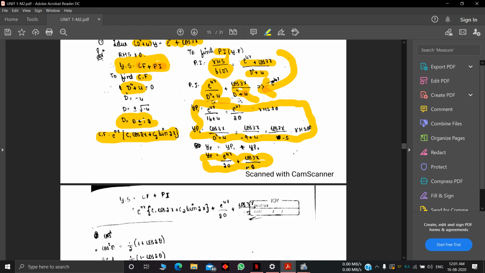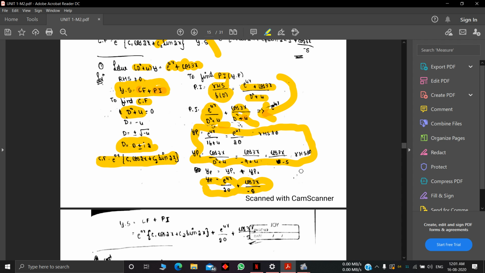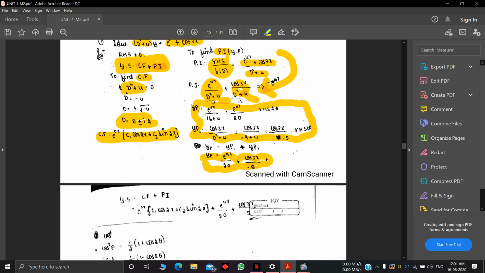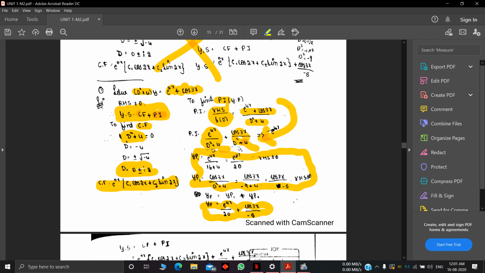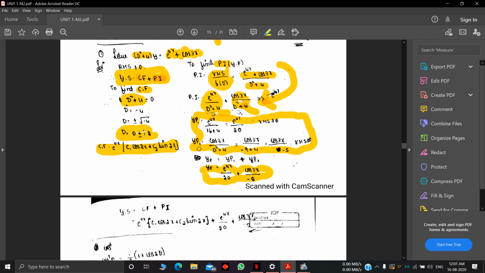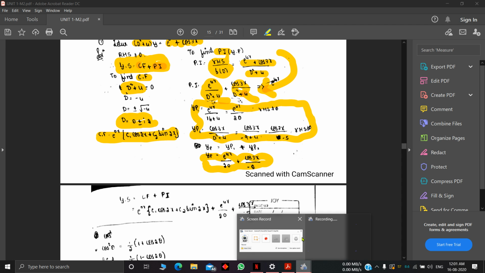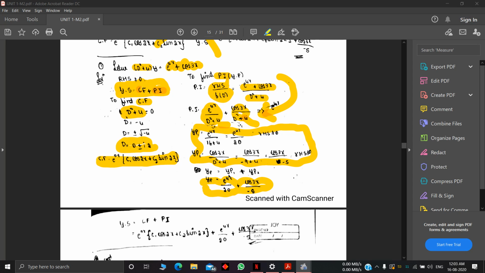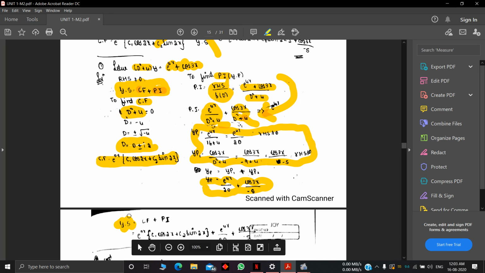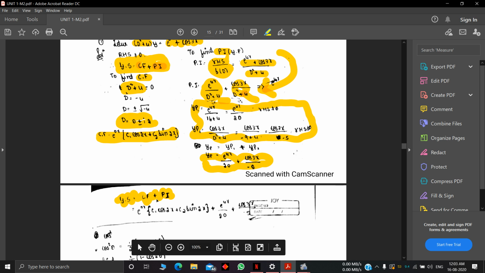e^4x by 20 plus cos 3x by minus 5. And now we are combining both CF and PI to find the final solution.